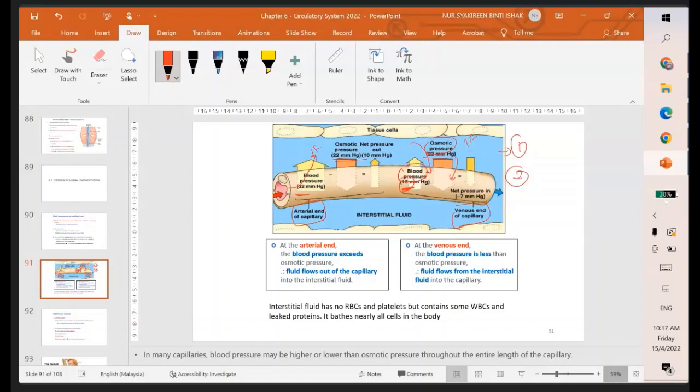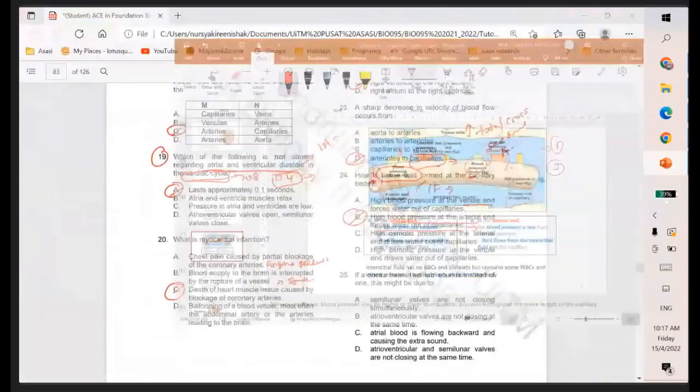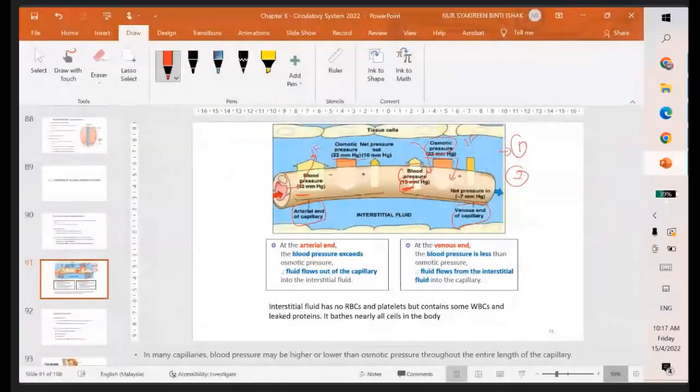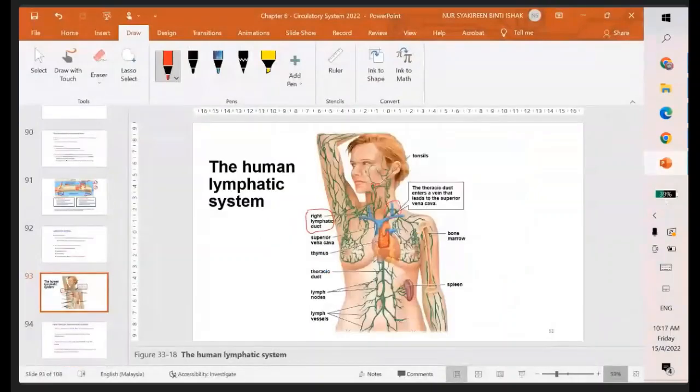Ini right lymphatic duct and also left lymphatic duct ataupun thoracic duct. So the lymph from this area will enter into your blood circulation bila dia join dengan right and left subclavian veins, and then enter back into the heart through the superior vena cava. Faham?